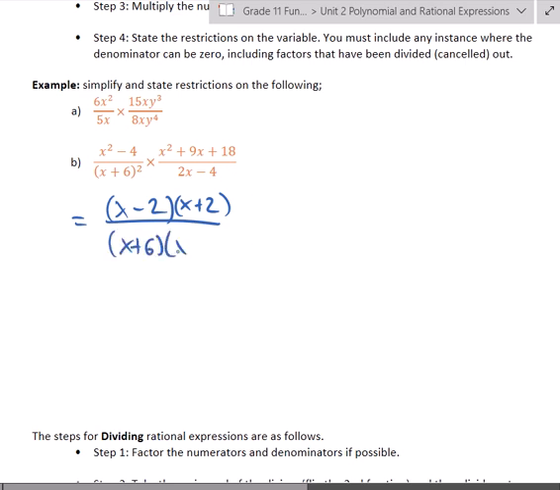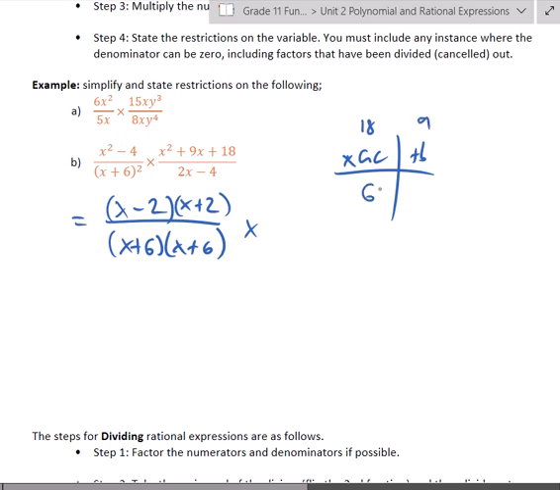I'm going to expand this bracket here. And this is multiplying. Here we have a trinomial. So this is x squared plus 9x plus 18. This is where we need two numbers that multiply to a times c and add to b. In that case, we are multiplying to 18 and we're adding to a positive 9.